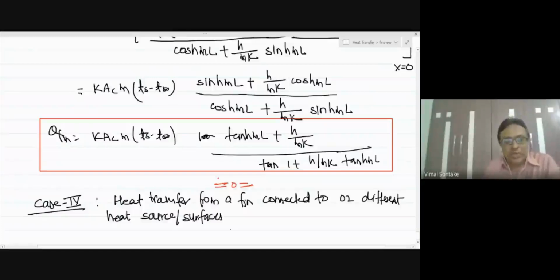This can also be given as heat transfer from a fin with specified end temperature.